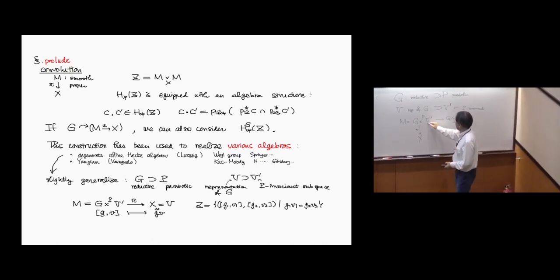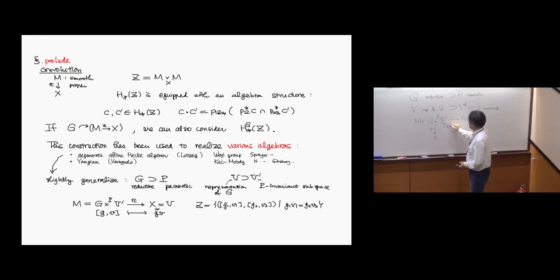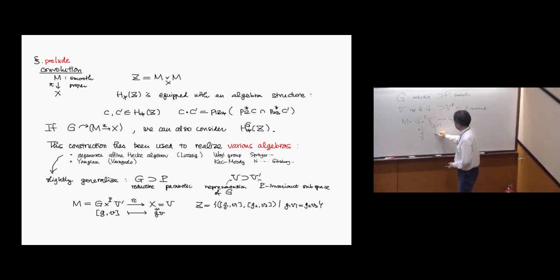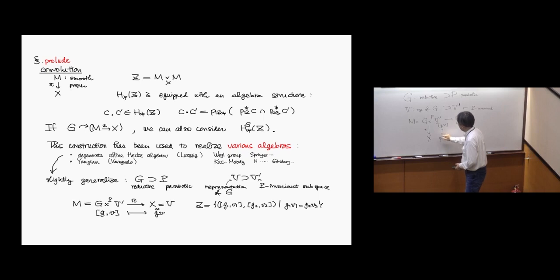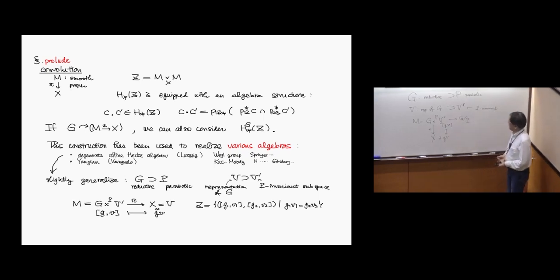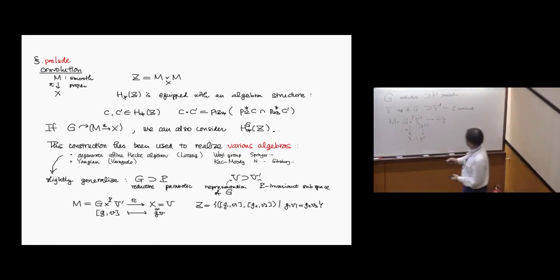If you have an element V in here, then you just multiply G times V. Right? No, what is X?